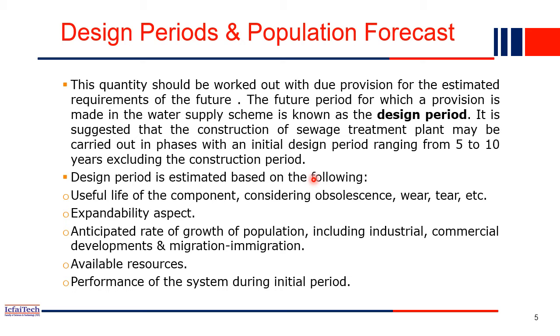So that's why for the entire treatment plant, we will construct it partly. Initially we design it for 5 to 10 years, then gradually we increase the treatment plant. So initially we can start designing for 5 to 10 years, and then the remaining part will be done in a phased manner.